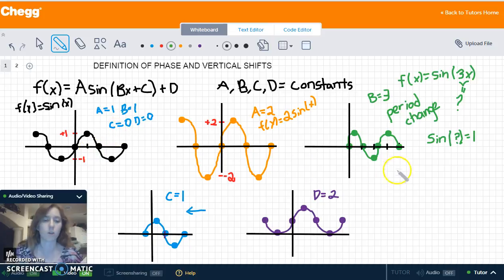But let's just go with pi over 2. So my question mark is equal to 3x. In that case, my x would just be pi over 2 when there was no 3. In this case, my x is going to be 1/3 of this value.